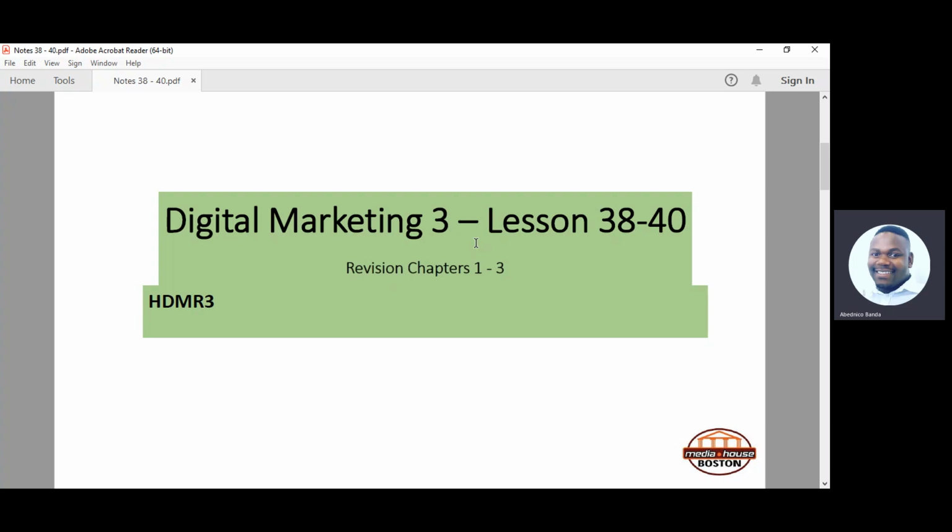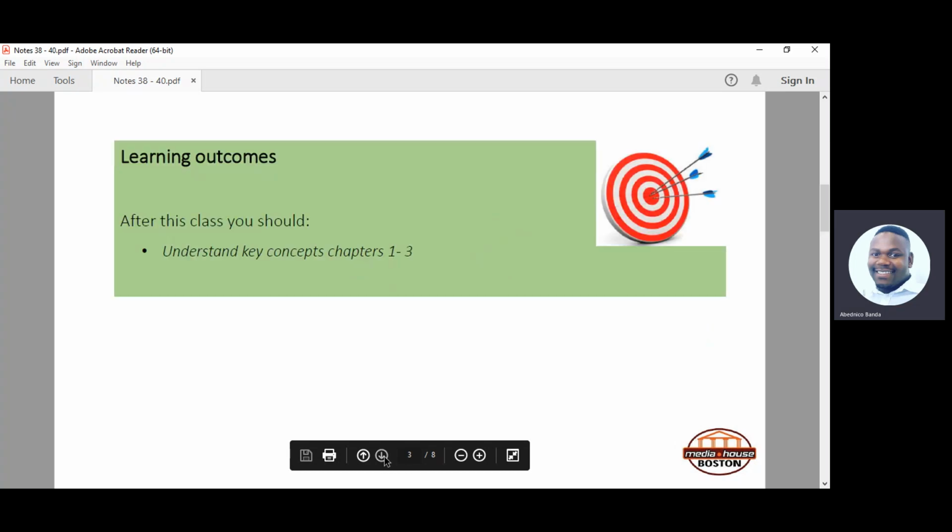You can apply the 5Ds, use the 7S framework, apply the 5S framework for goal setting, and so forth. So this is just something to leave you guys with, a component of how you can unpack the key concepts covered in chapter 1 to 3 and apply them to a given scenario.